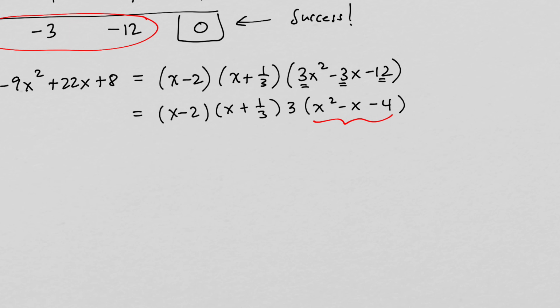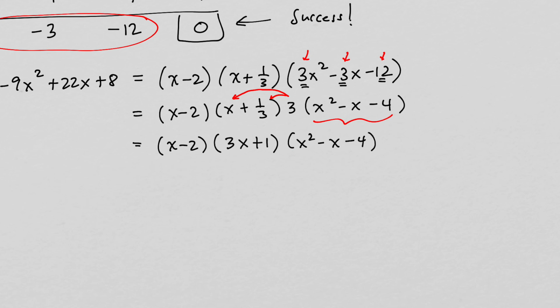Now, another little tip I want to show you here is if I take the 3 that I factored out of here, I can take that 3 and I can choose to distribute it to this one. And if I do that, we get quite a nice result here. We get x minus 2, and then this becomes 3x plus 1. So you see, multiplying these numbers by 3 will get rid of that fraction and make your factor look a little bit nicer.